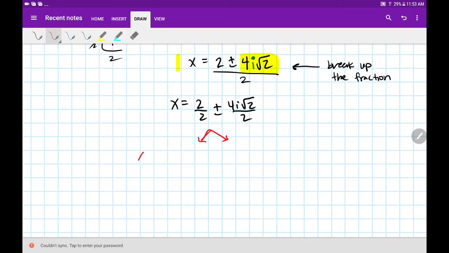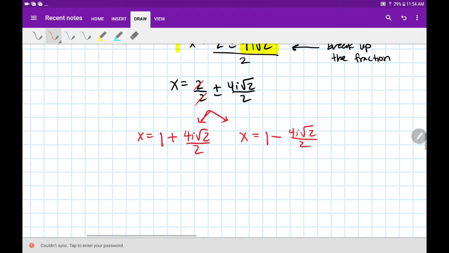I'm going to do both. My first one is really 1 plus 4i root 2 over 2. And this second answer is x equals 1 minus 4i square root 2 over 2.